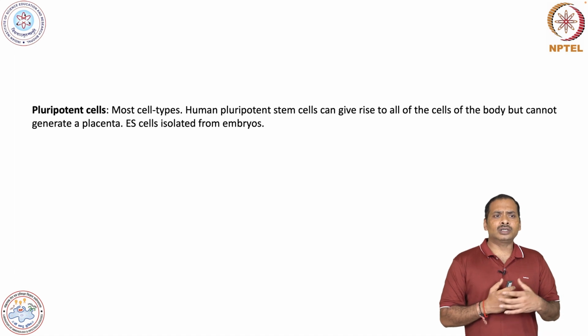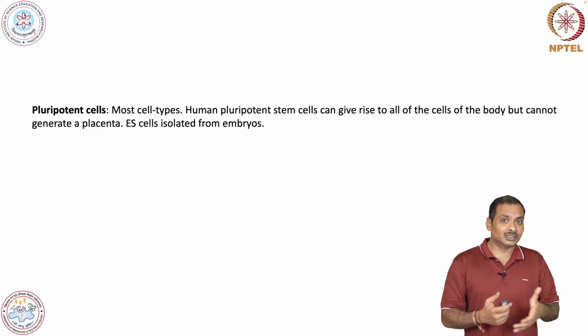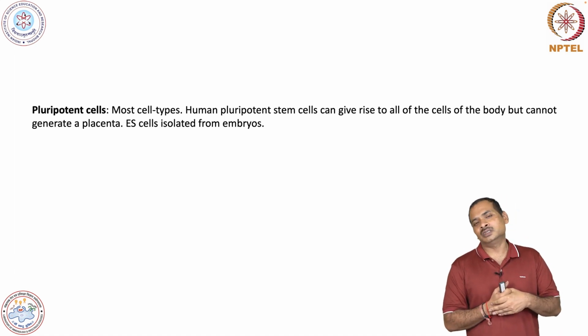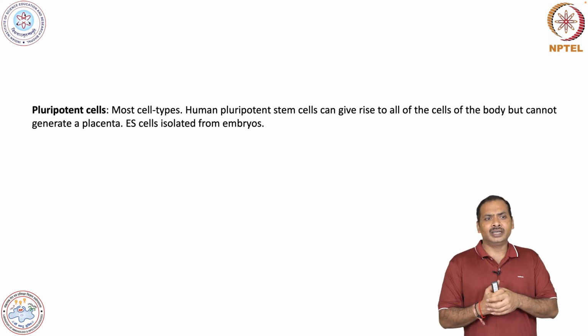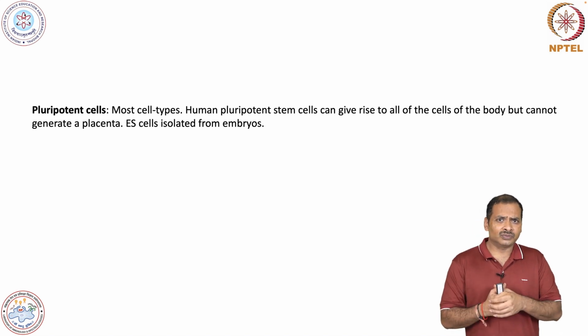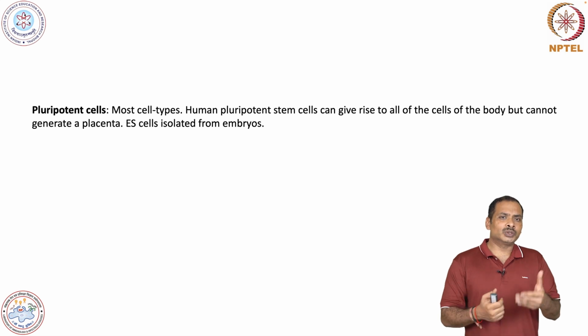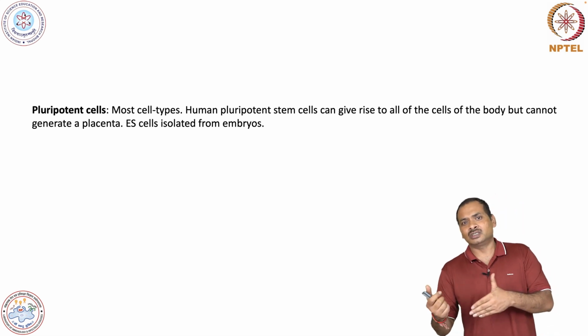Now I will talk about the pluripotent cells, because this is quite commonly used in our research. And one of the aims of this course is to educate you for research also.